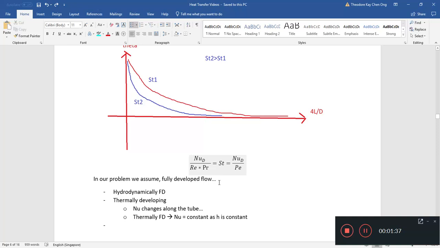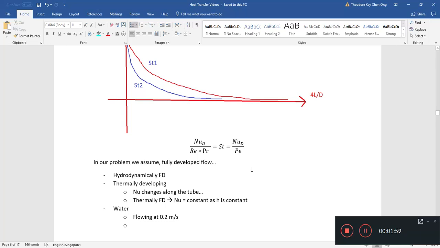Okay, so let's give ourselves some parameters. Let's try and make things simple. We'll just use water. We'll have it flowing at 0.2 meters per second.